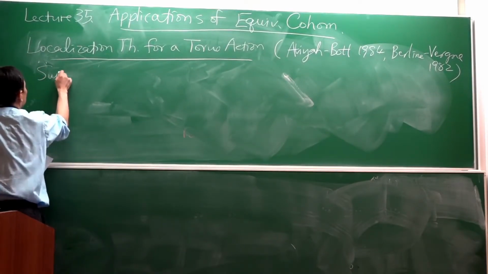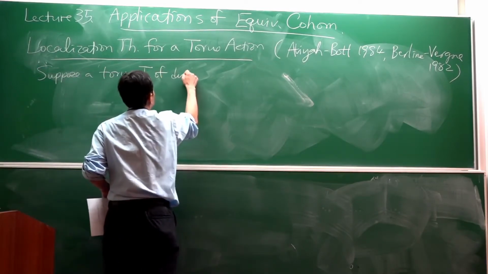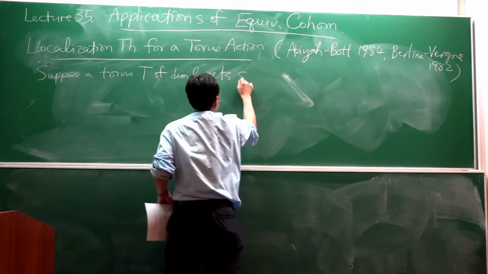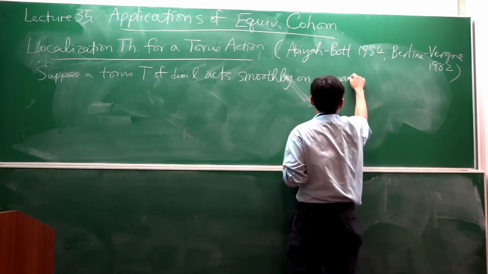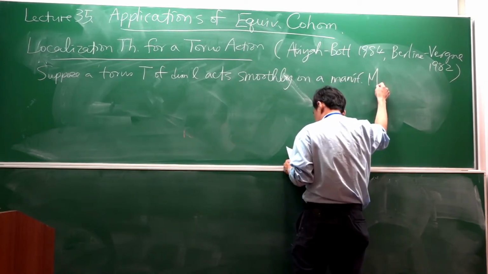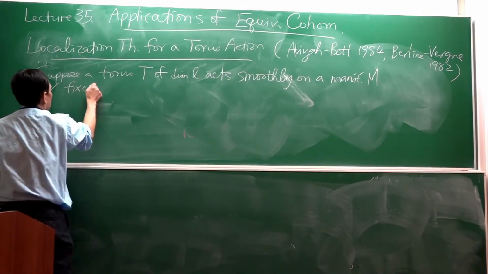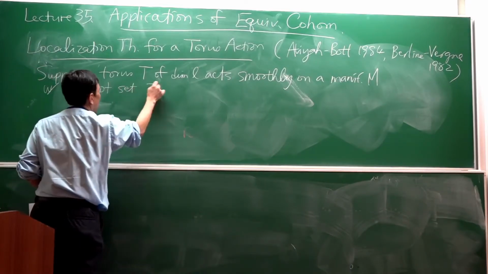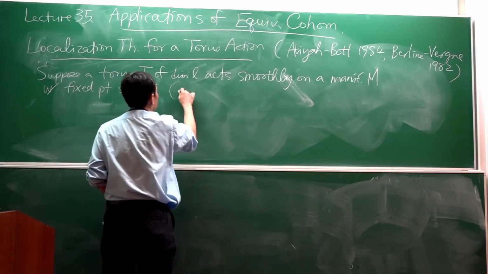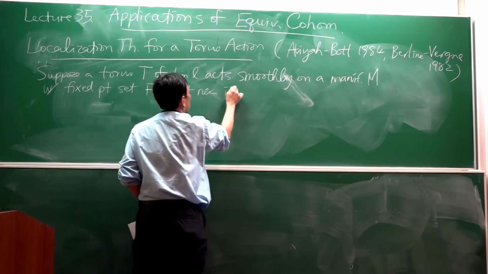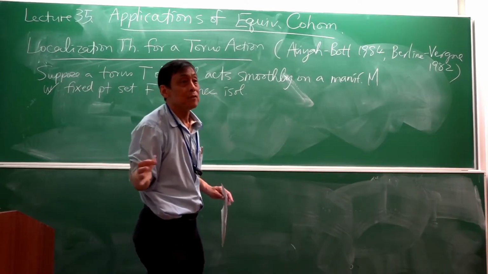So it says, suppose a torus T of dimension L acts smoothly on a manifold M with fixed point set F. Now, the fixed point set does not have to be isolated, and it does not have to be zero-dimensional either.